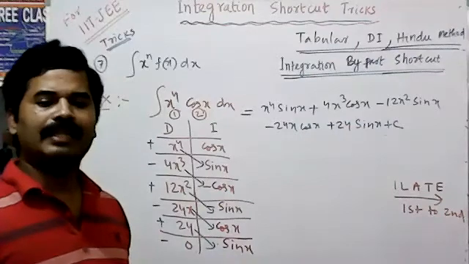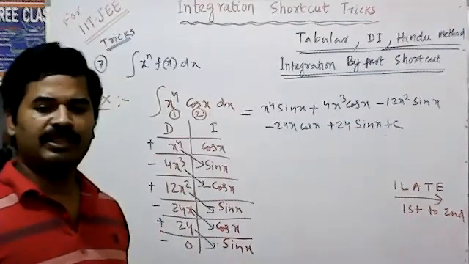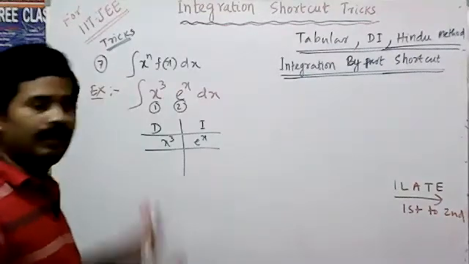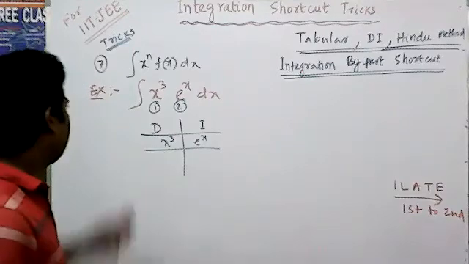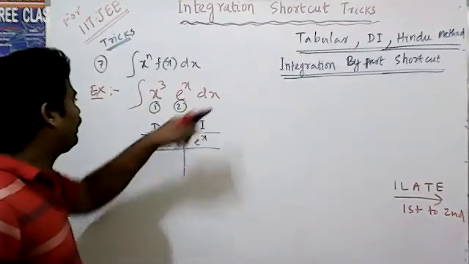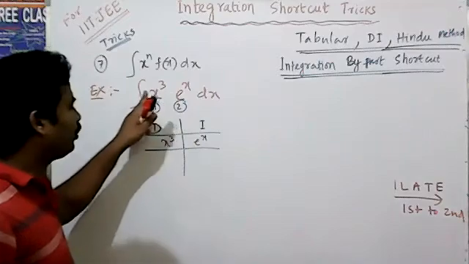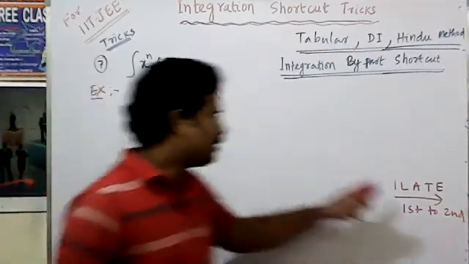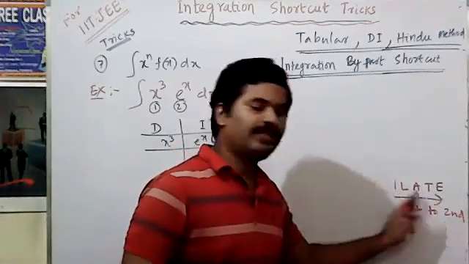Now let's do another question, in exponential. Take the example x cube e to the power x dx. Here there is an exponential function and an algebraic function. The exponential function is last and the algebraic is first.